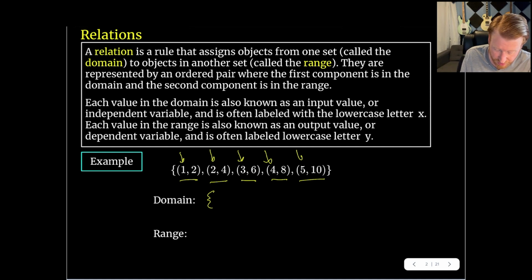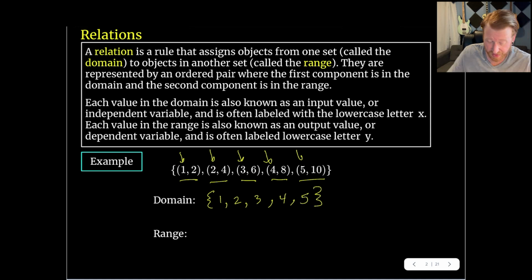Just listing them out here, we've got 1, 2, 3, 4, and 5 as the values from our domain. And from our range, that is going to be all of the second components here. I'll point at those with a green arrow. So the range is going to be 2, 4, 6, 8, and 10.